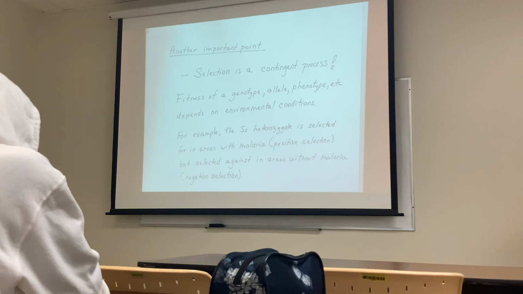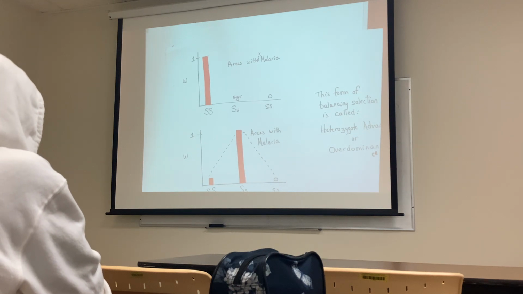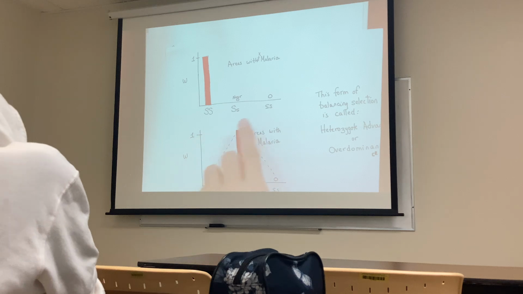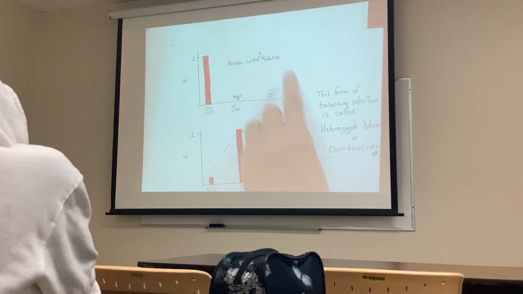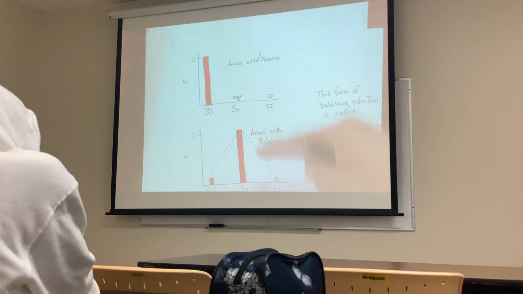Contingent means dependent on. All right? So notice that there's no absolute value for something. The little s allele in areas without malaria is not good. But the little s allele, if it's combined with a big S allele in areas with malaria, is good. It's dependent on the environment.